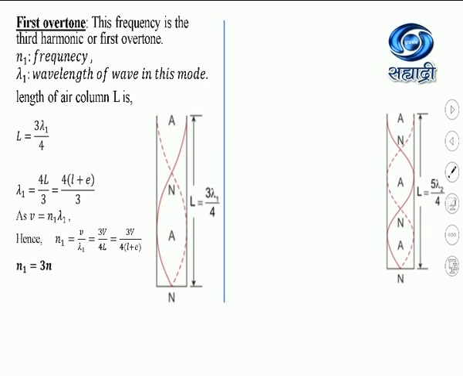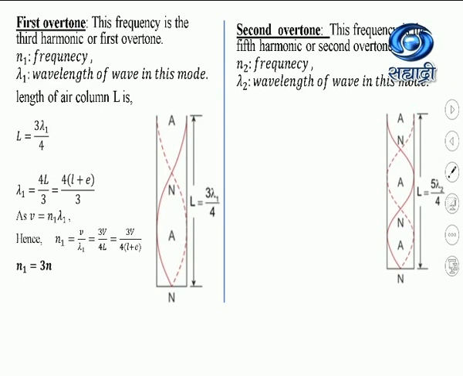Now if the air column is made to vibrate in such a way that there are 3 antinodes and 3 nodes formed, and N2 is the frequency of the wave and lambda 2 is the wavelength of the wave in this mode of vibration, then the length of the air column, capital L, is 5 lambda 2 upon 4. Again, how do we get this 5 lambda 2 upon 4?